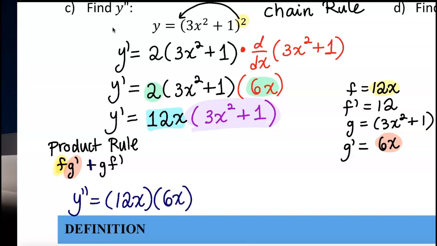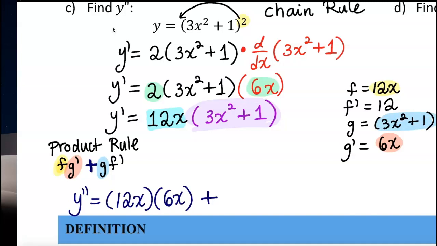After that, I need my plus sign, plus g, which is 3x squared plus 1, so that's that binomial. So I'll do parenthesis 3x squared plus 1. And the last piece of this product rule is f prime, and f prime is simply 12. So I'll write down times 12.